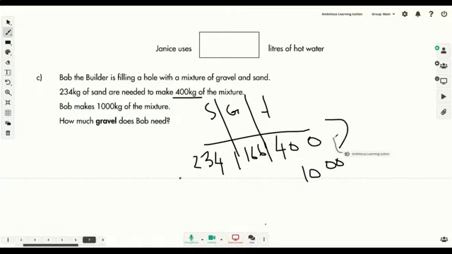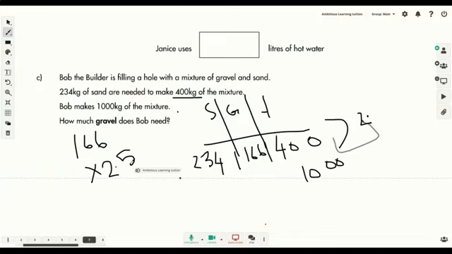So how would you go from here to here? Again, the same thing. You need to multiply by 2.5. So from 166, I need to multiply it by the same thing again.